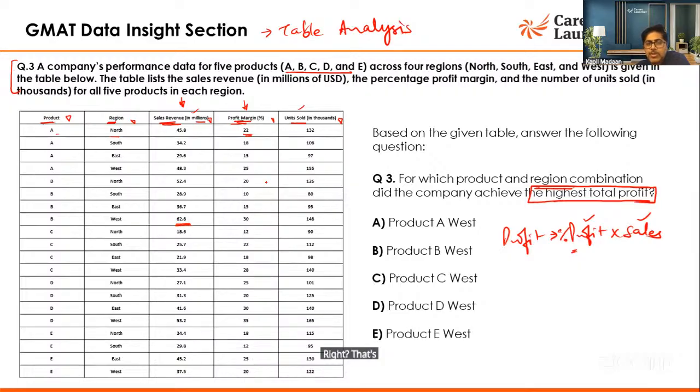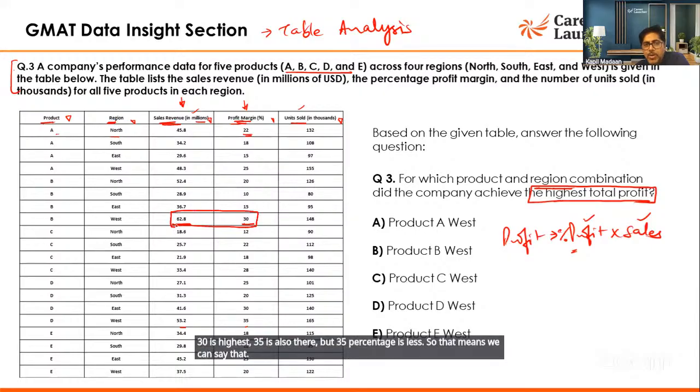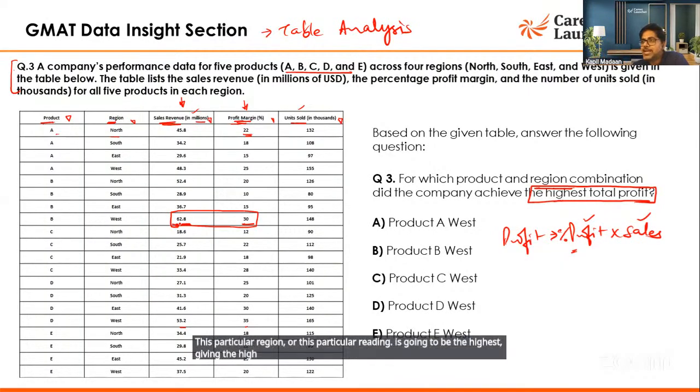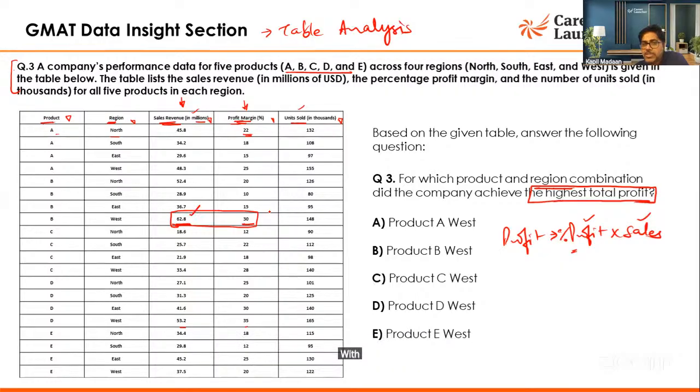That's the highest one. Similarly, out of these readings, 30 is highest, 35 is also there, but 35% is less. So that means we can say that this particular region or this particular reading is going to be the highest, giving the highest percentage or the highest value of the profit with respect to percentage highest, the sales revenue highest.